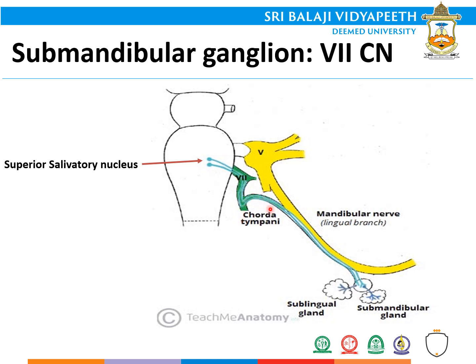Now these preganglionic parasympathetic fibers join the lingual nerve, which is a branch of the mandibular nerve, and then they reach the submandibular ganglia wherein they relay. And from the submandibular ganglia, the postganglionic parasympathetic fibers reach the submandibular gland and the sublingual gland.